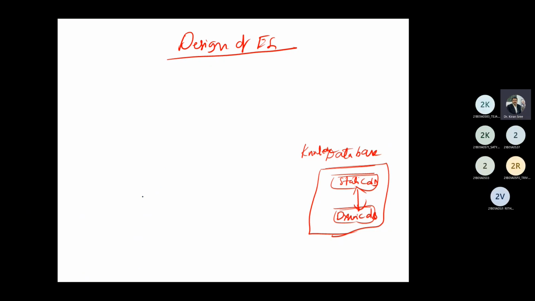Then every expert system will have an interface where the user will interact, and this interface also will interact with the knowledge database, and they will give some conclusions, and these conclusions we call the explanation phase.